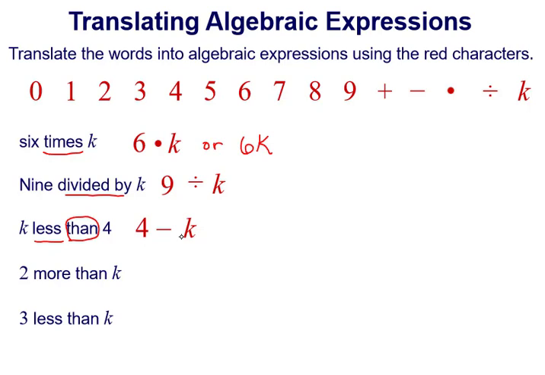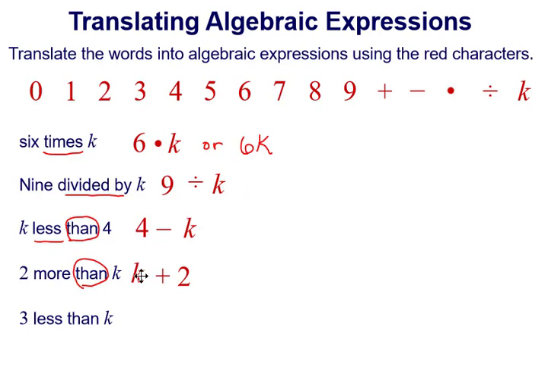We also have 2 more than k. So more than is our clue here for the operation of addition. Now here also we have more than, so actually we should start with k. Very similar to less than. So if we start with k, I'm going to have that first compared to the 2, but we're going to use addition.